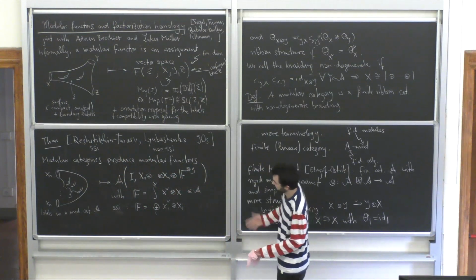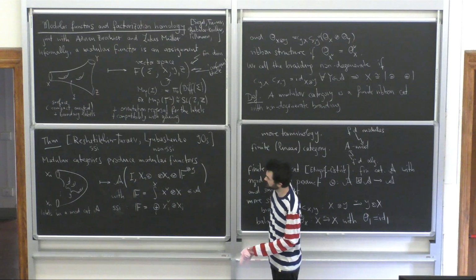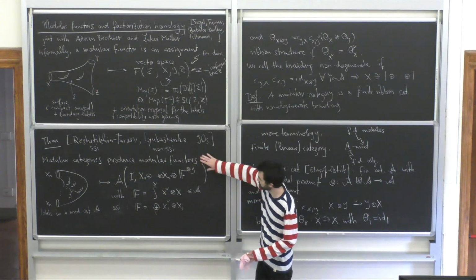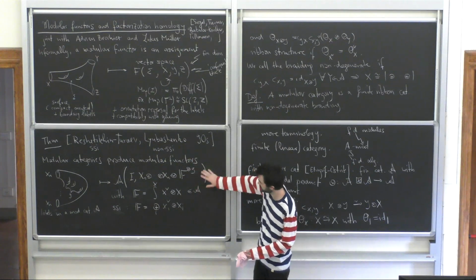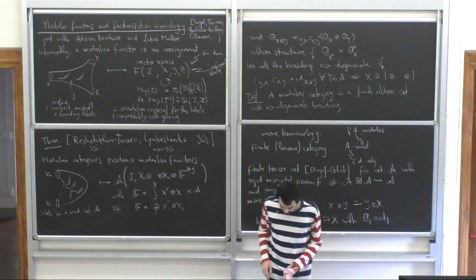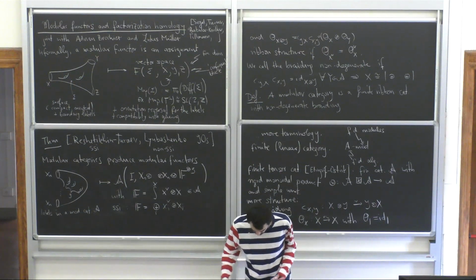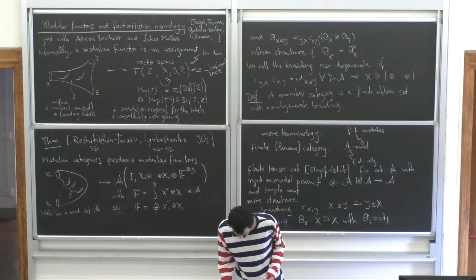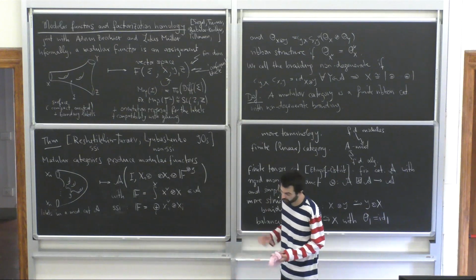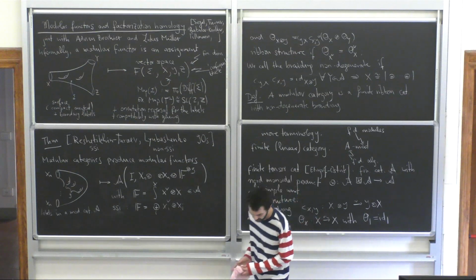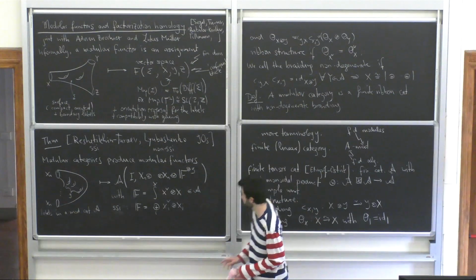If the category is not semi-simple, then it is a lot less clear why you would even do this. It's good that it works, but maybe a little less clear why, actually. So what we are trying to do is to actually describe all modular functors that you can have, and to somehow classify them.